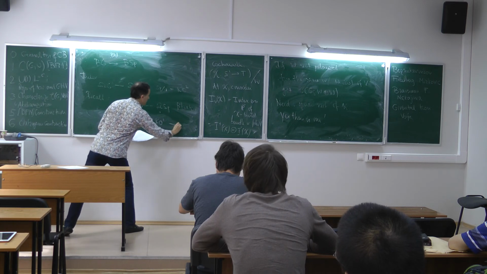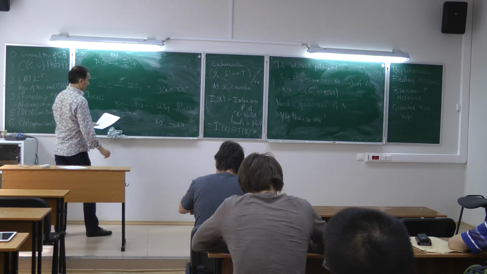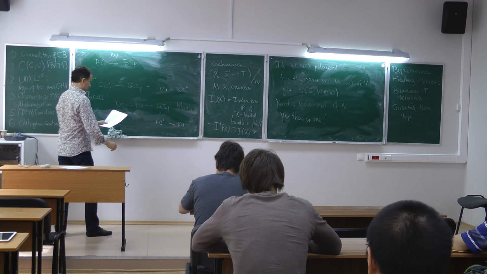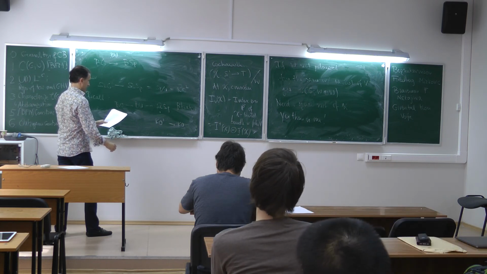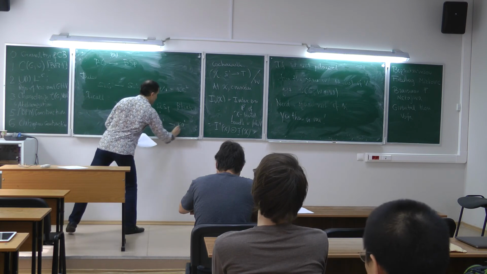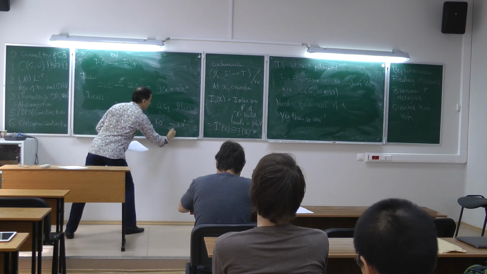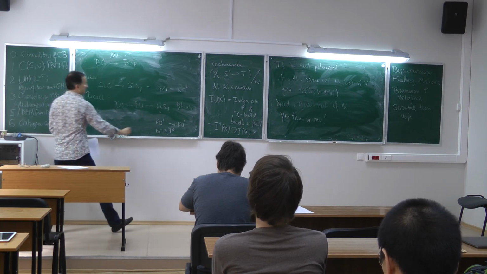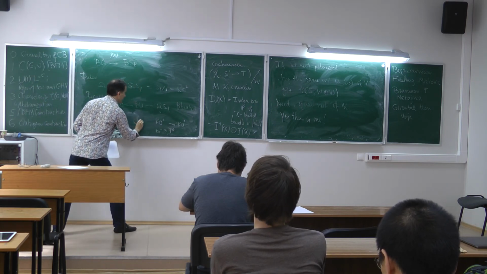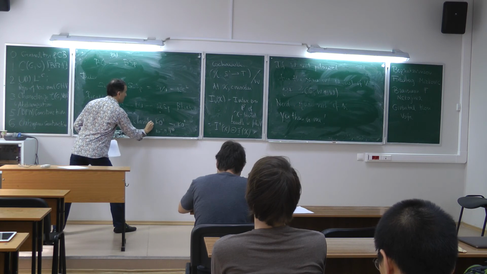Just a map to KO1, which is a cup with a class in KO minus 1. And that classifies exactly this bundle. It classifies a two-torsion map.